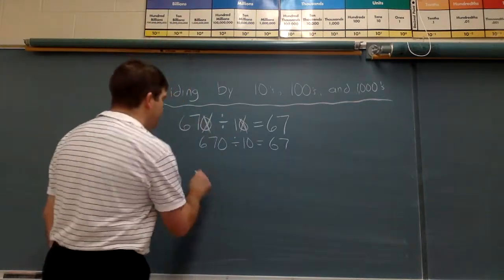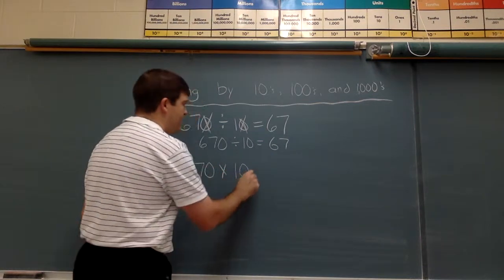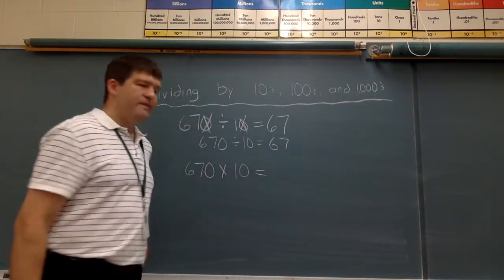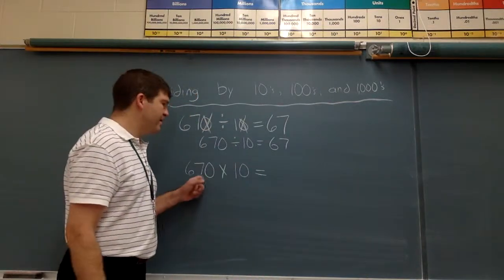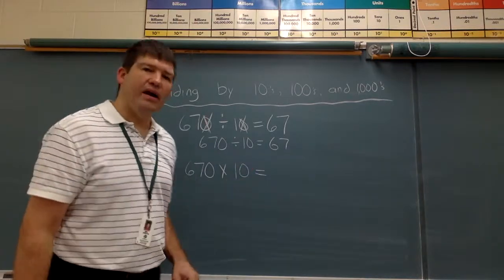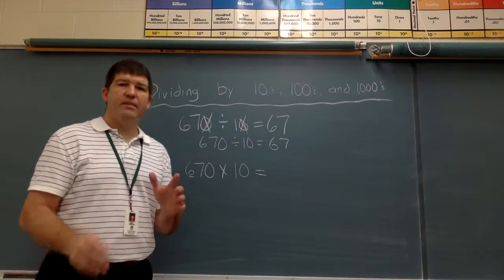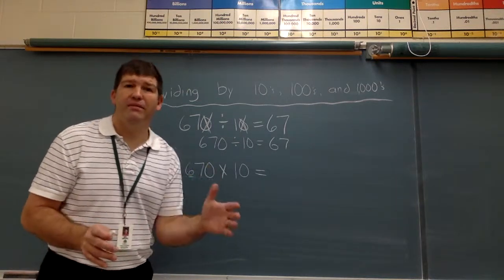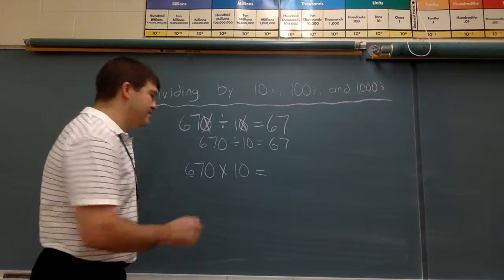So, let me show you. 670 times 10 equals, now multiplication, you're getting bigger. So I'm taking the 670 times it by 10, so I'm going one place value higher. So I'm not going to be in the hundreds anymore, I'm going to be in the thousands. So I go from the hundreds to thousands.